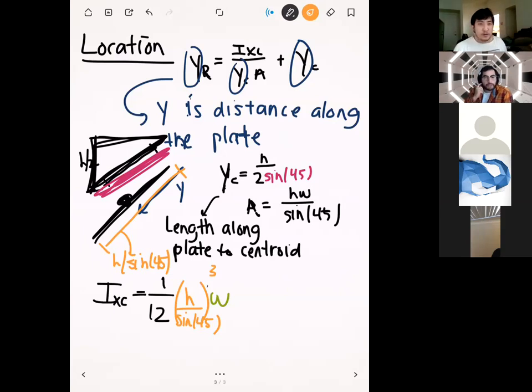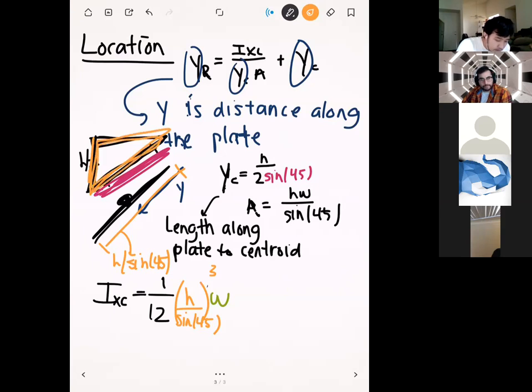For the YC, you set that equal to h over 2, and you're multiplying the denominator with sine 45 as well. How come? Are you also drawing a similar triangle alongside the YC? Yep, exactly. That's this triangle right here.